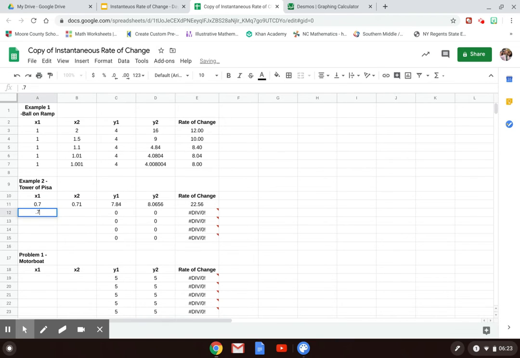The reason x1 is always going to be 0.7 is because that is the point that I'm getting closer to, the point that we are approaching and trying to measure the instantaneous rate of change at. So x1 is always going to be that point, and all of these other points are getting closer and closer to x1.